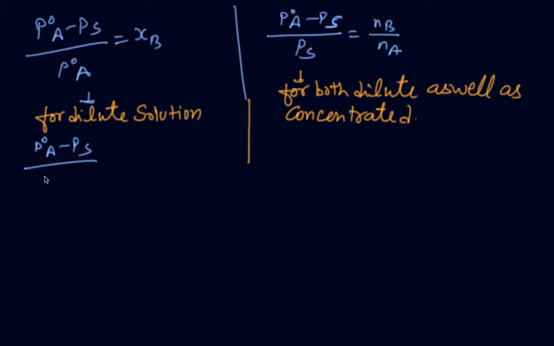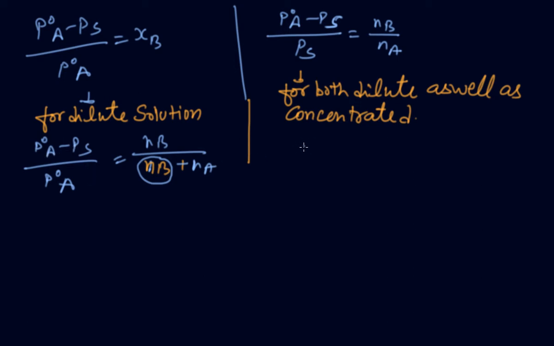When we are doing the sum, we have to neglect the term, XB stands for NB upon NB plus NA. Here we have to neglect NB in the denominator whenever the solutions are dilute, and we will find the relative lowering in vapor pressure.